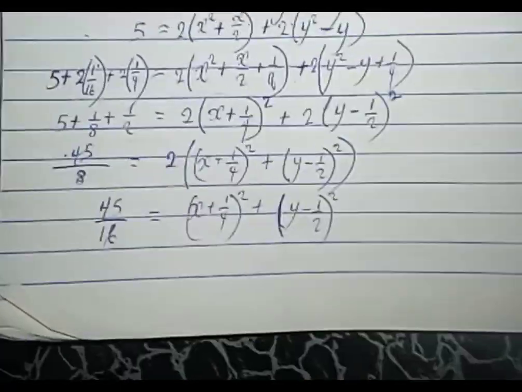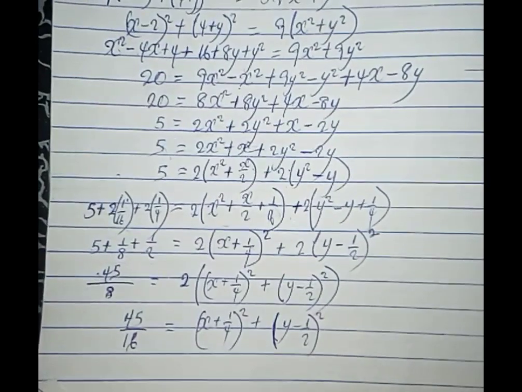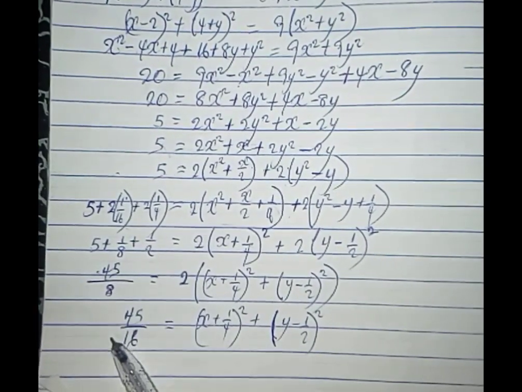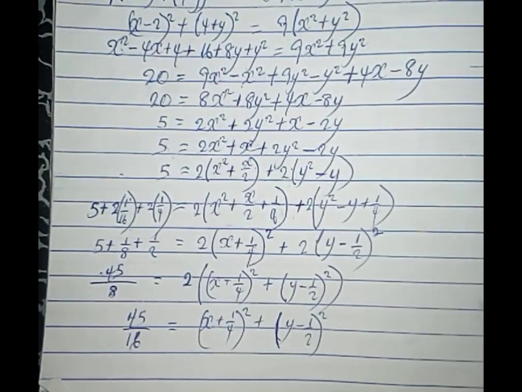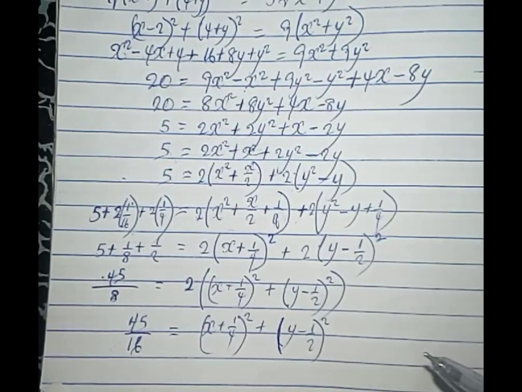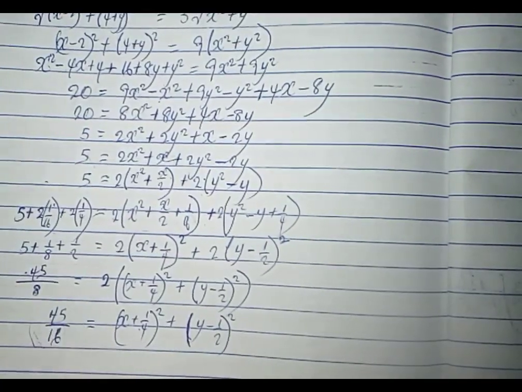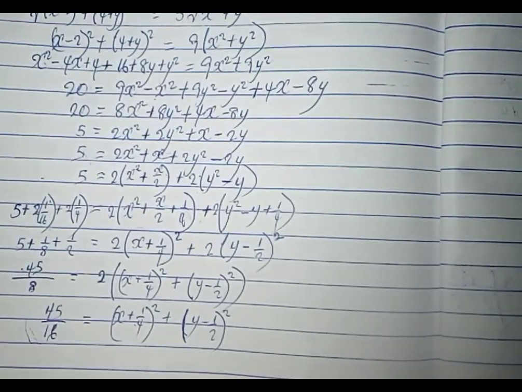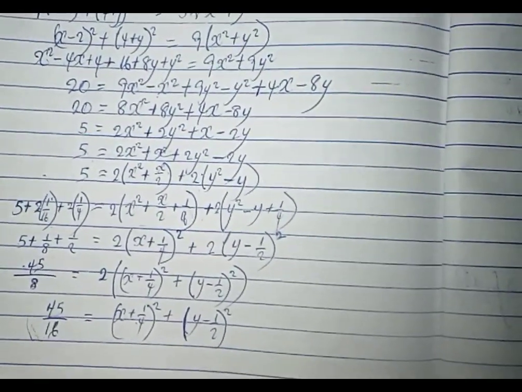Now I can tell you that this complex equation is actually a circle with the radius the square root of 45 over 16, and the x-axis 1 over 4, and the y-axis 1 over 2, where the radius is the square root of 45 over 16, because the square root of 45 over 16 raised to the power of 2 is 45 over 16.